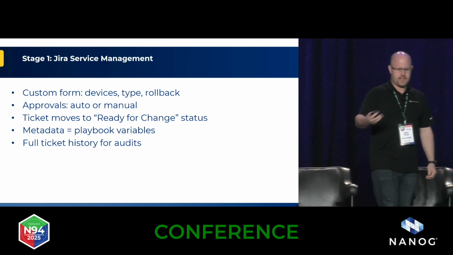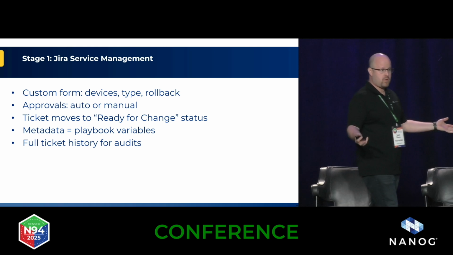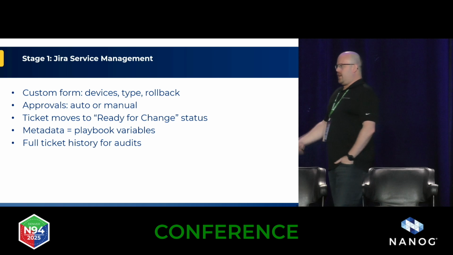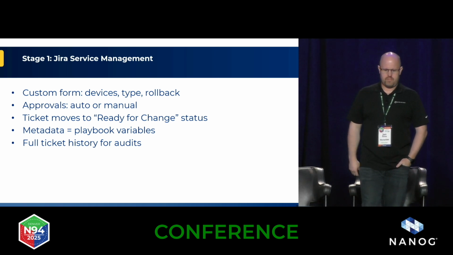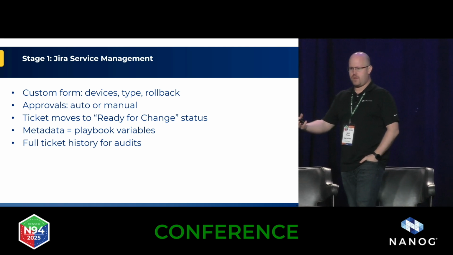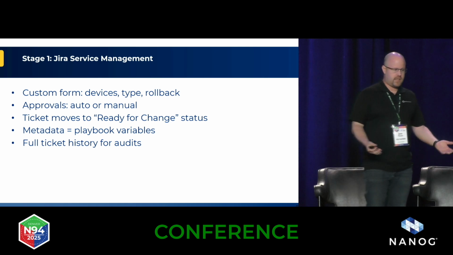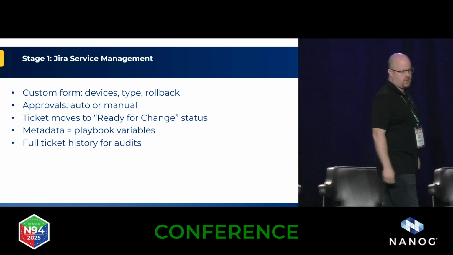Looking at this and having a manual approval. There might be some types of changes where you're okay with it. Maybe it's like changing, turning on a switch port. Maybe you don't need someone to approve that. You could have that particular type of request automatically be approved. Flexibility is up to you to control and make work in the way that you want it to work.